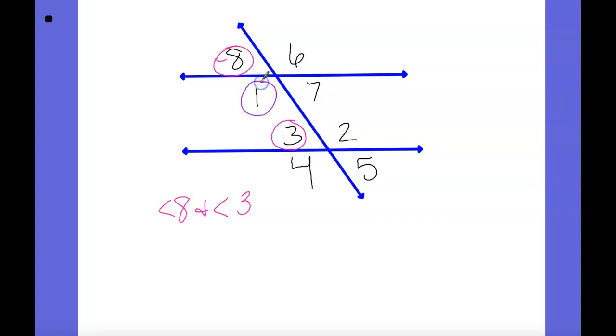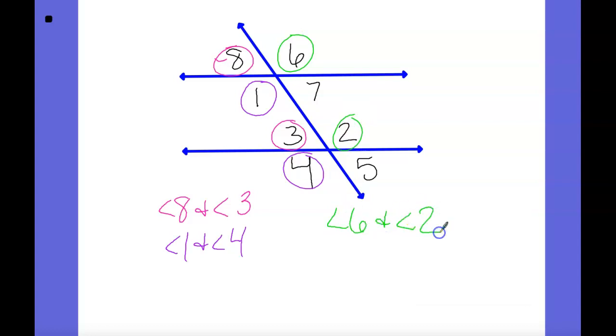Angle 1 and angle 4. Jack, what's another one? 6. That leaves the last one to be what, Michaela? Angle 7 and angle 5. So corresponding, there are 4 of them.